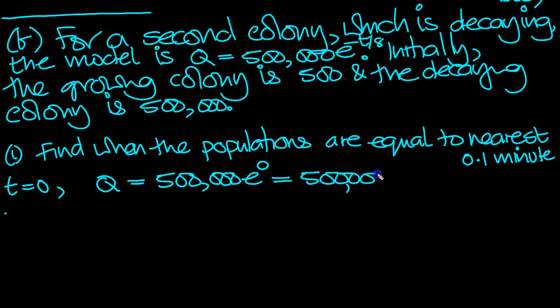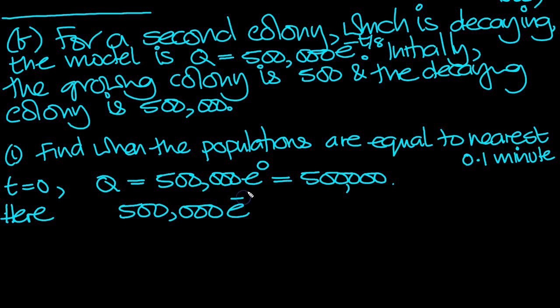Yeah, that's fine. No further information is there. Find when the populations are equal to the nearest minute. So here, when does this 500,000 then?